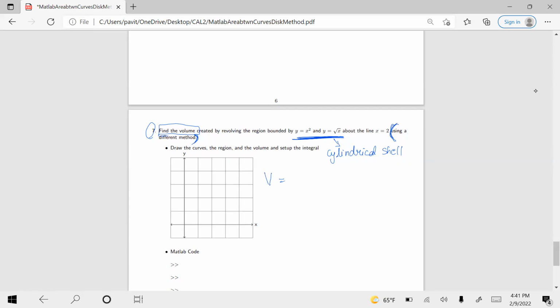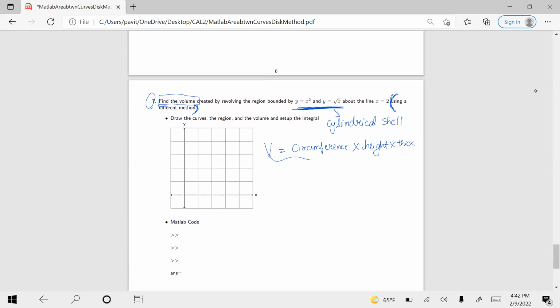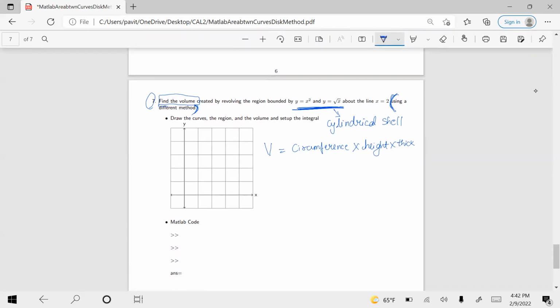It is going to be its circumference, which is 2 pi r, multiplied with its height and the thickness. Okay, this is the formula. Now you have to figure out how to use this formula and find the answer.